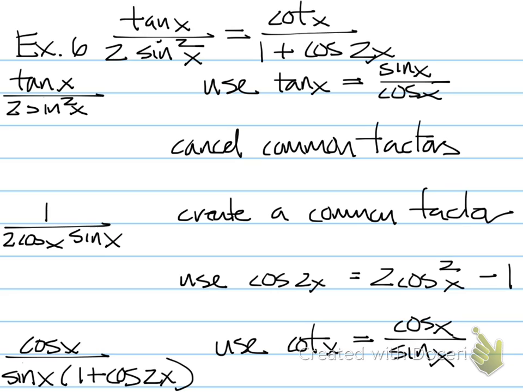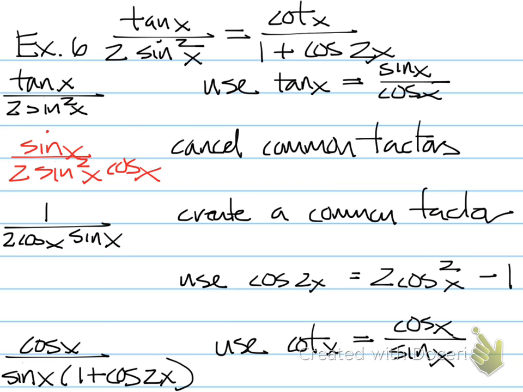And then lastly, the second statement we would get by replacing tangent x with sine over cosine. Sine over cosine divided by 2 sine squared is just sine over 2 sine squared cosine.